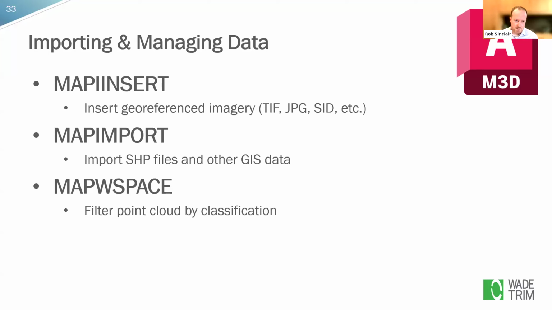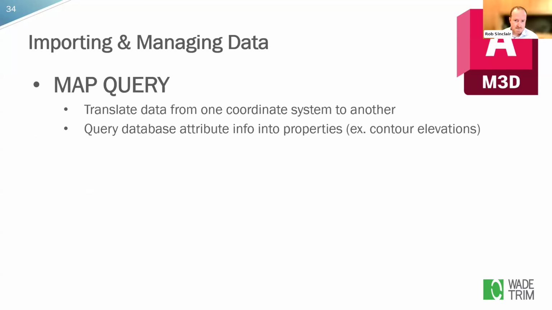Map import allows you to bring in shapefile data, other GIS data, and then the map workspace that we talked about to use to filter the point cloud by classification. Map query is another great one. So kind of through that map task pane, if you need to translate data from one coordinate system to another, even one unit to another, you can use the map query function and basically translate that data.